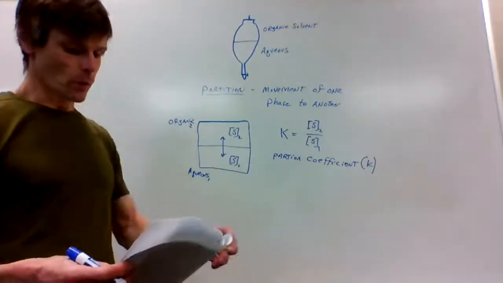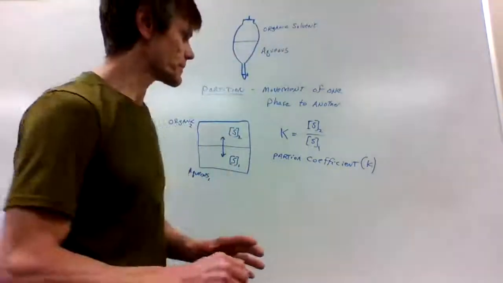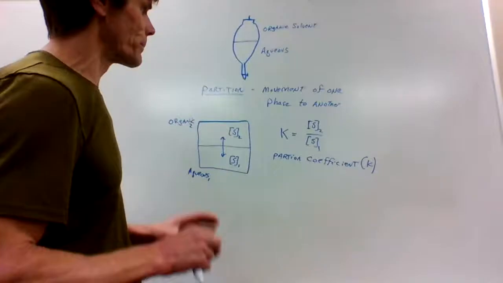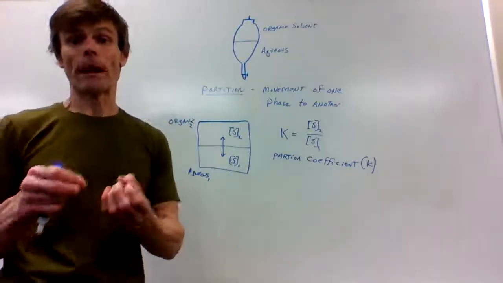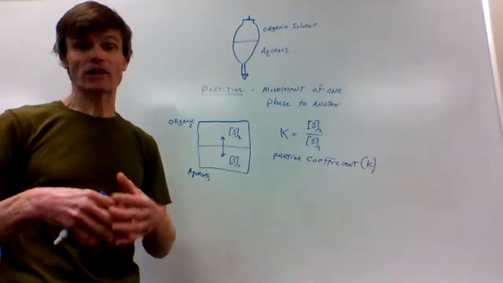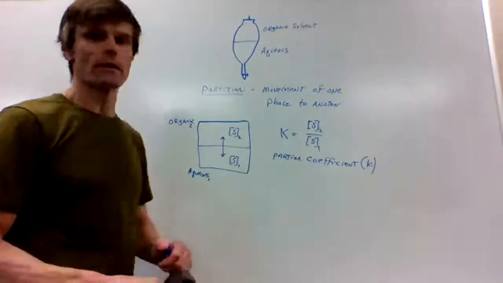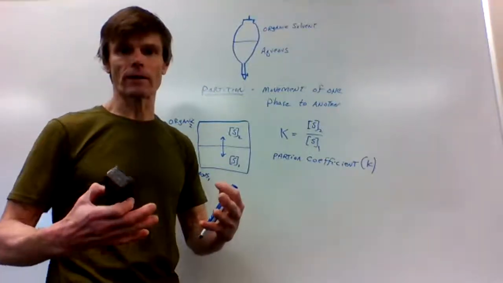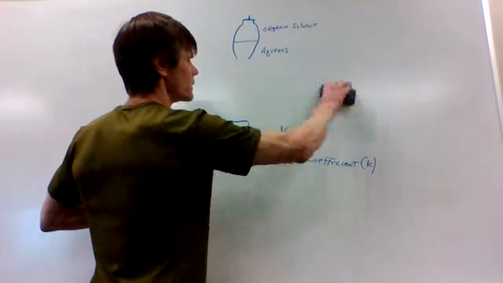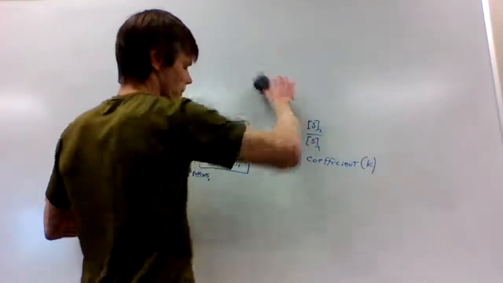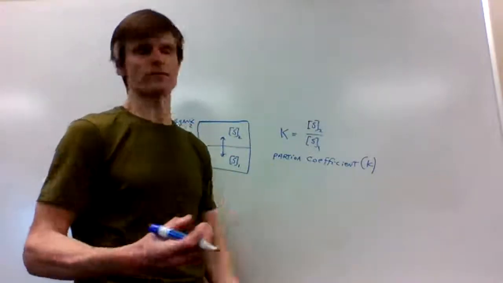So what we're going to focus on now is, if we know a little bit about the equilibrium that's occurring, we can understand a little bit about the efficiency of an extraction strategy. And the way we can define the efficiency of an extraction strategy is looking at the fraction of the species that remains in one of the phases.